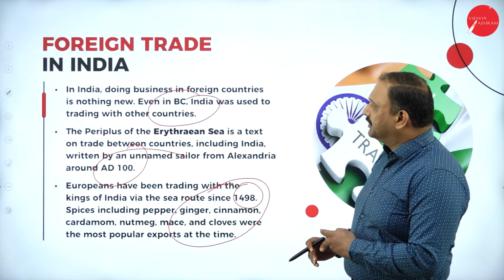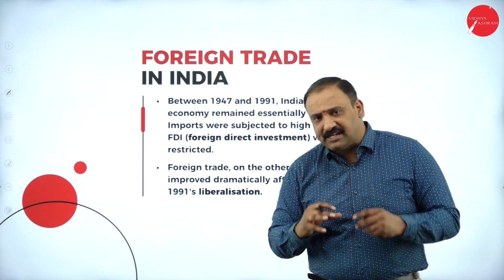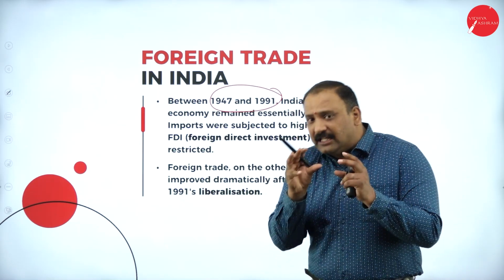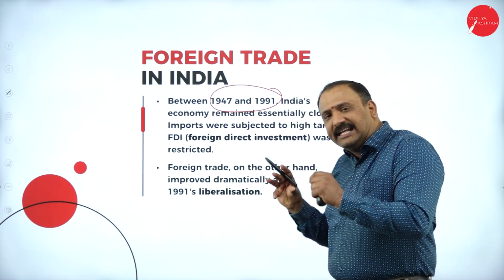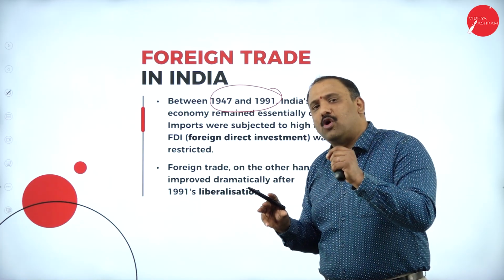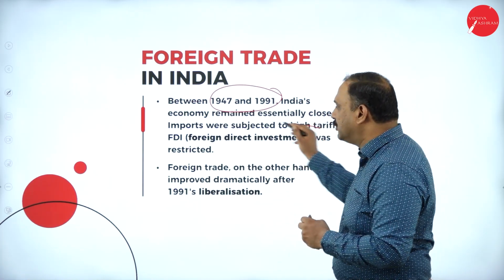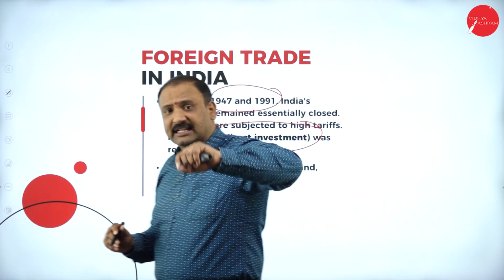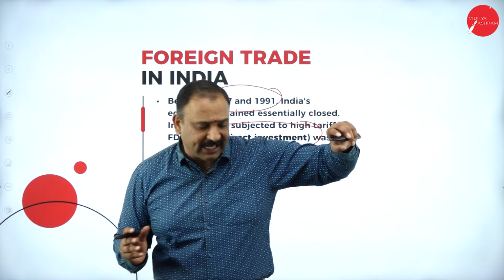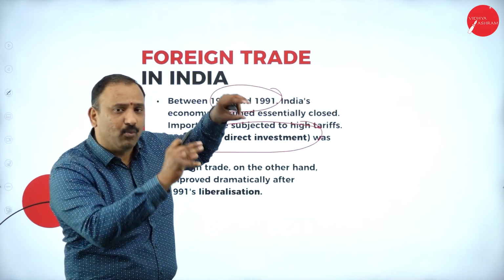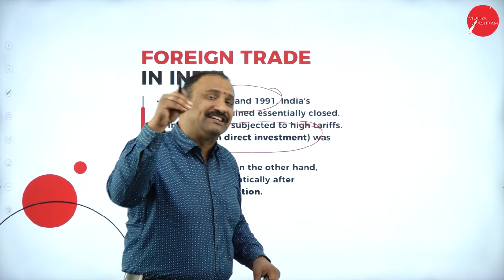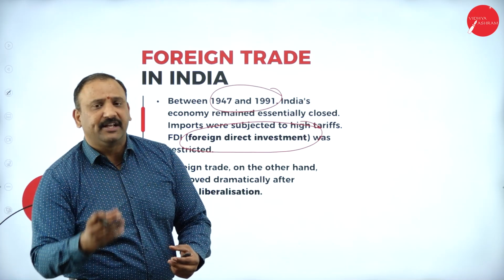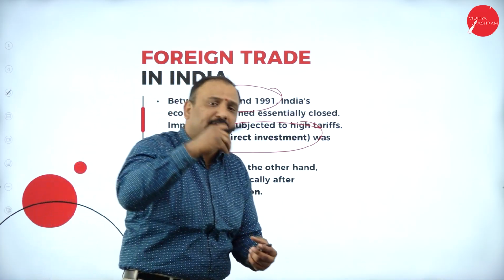Now, moving further, between 1947 and 1991, this is the most interesting part. Why? Because in those 50 long years, what has been India's subjection in terms of foreign trade? How has India been subjected to FDI, that is foreign direct investment? Unfortunately, in those 50 years, from 1947 to 1991, foreign trade was restricted. Why? Because we struggled to get our freedom and we started concentrating only on internal growth.